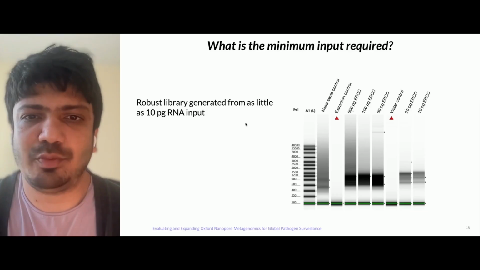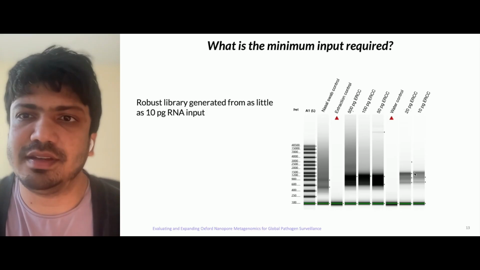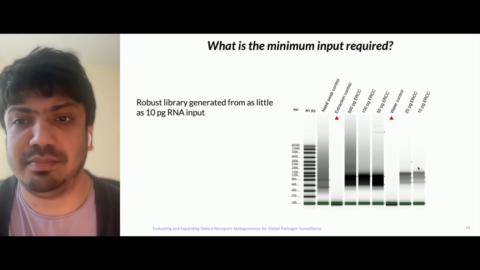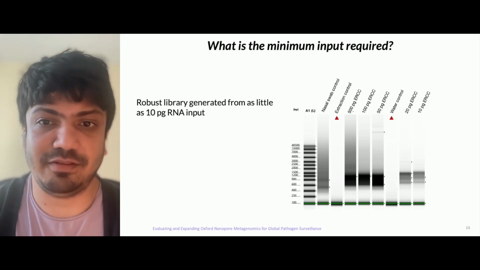On the right, we have a TapeStation report, which is essentially a size profile. And you can see on the far right that even at 10 picograms input, we're able to see what looks like a good library. This is just a QC step, so this is not confirmation.